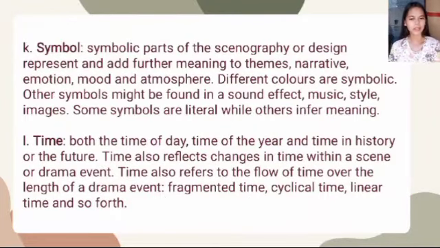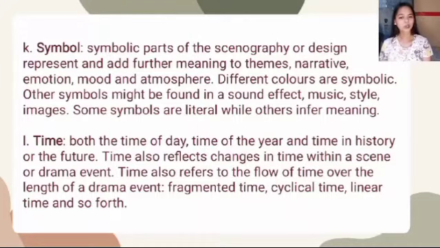Symbolic parts of the scenography or design represent and add further meaning to the themes, narrative, emotion, mood, and atmosphere. Different colors are symbolic. Other symbols might be found in the sound effects, music, style, and images. Some symbols are literal, while others infer meaning.